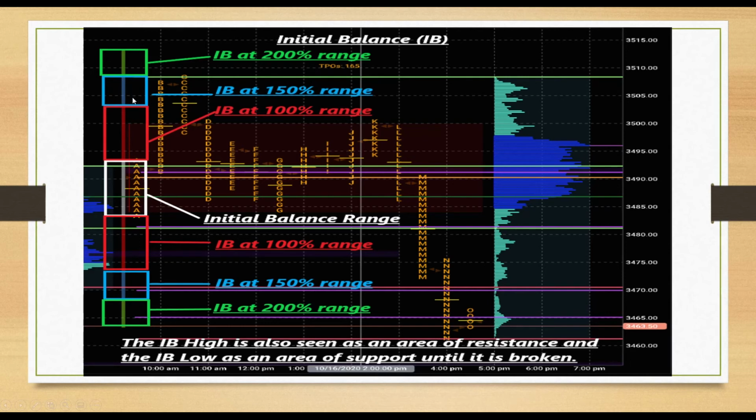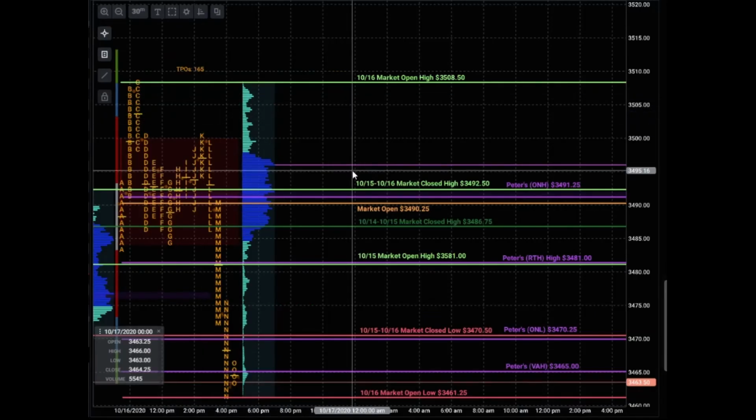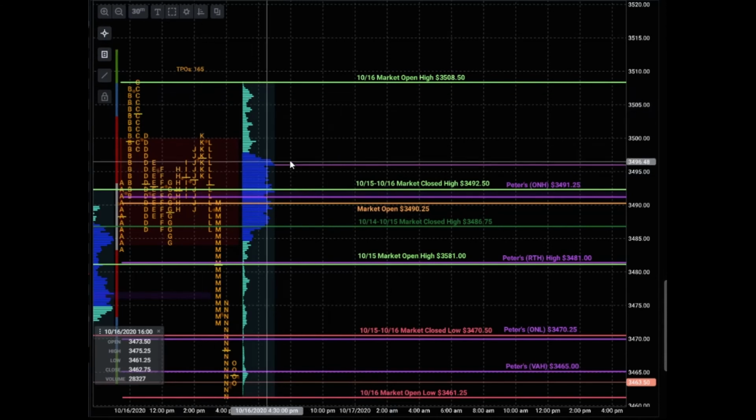So you made about 7-8 points right there, which is like $35 or something like that on the micros, $350 on the ES, so that's a nice profit right there on the B. And there's your IB at 200% range. And you can do the opposite when it goes down. See, I like to use red for the 100. I'm using 150, the blue, and then the green was 200.